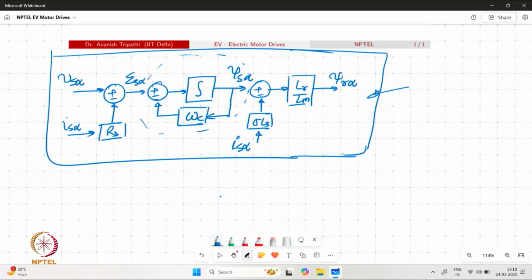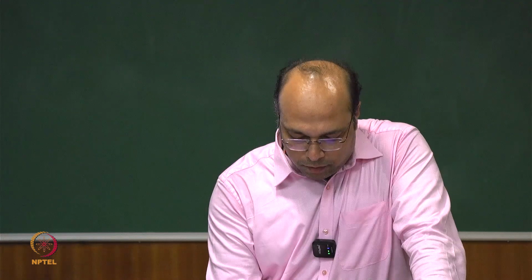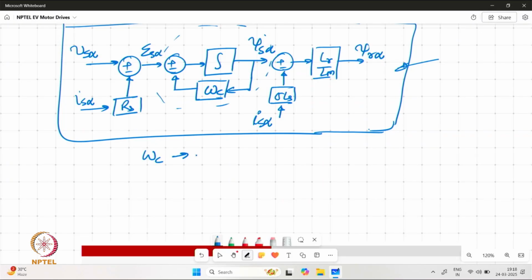For example, when we are trying to set a value of omega c, we are somewhere restricting the usage of this model for low speed regions. It is restricted for low fundamental frequency.